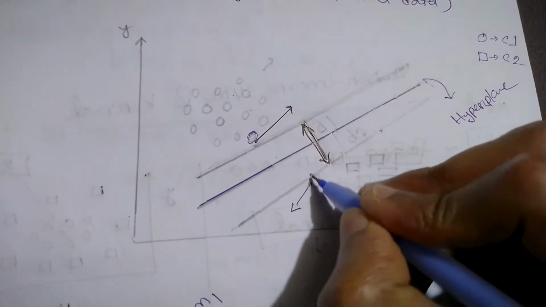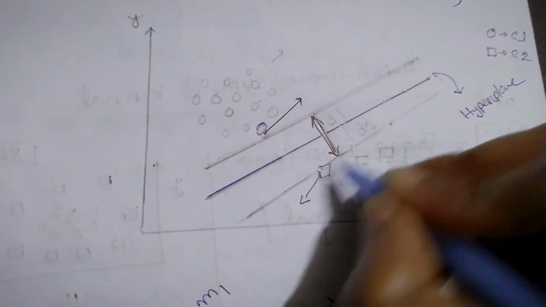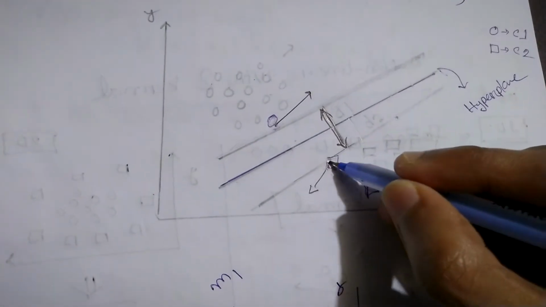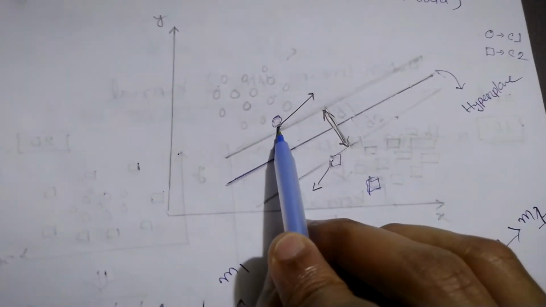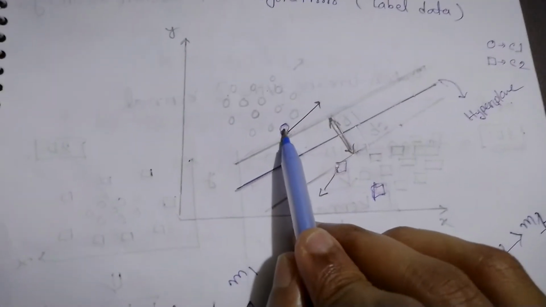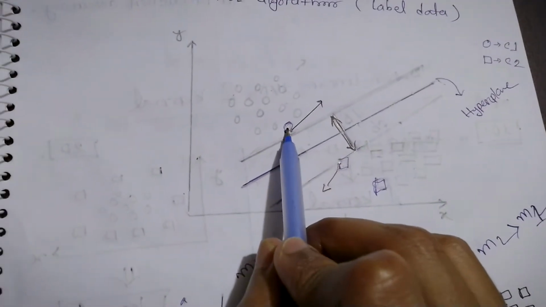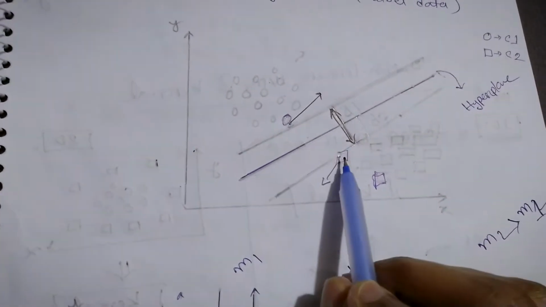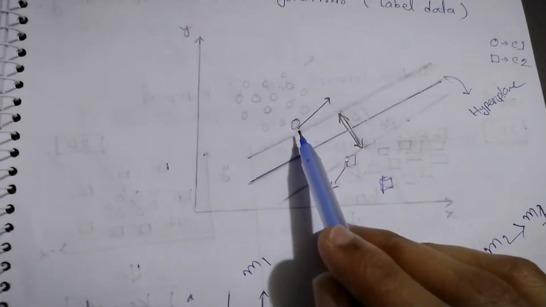This rectangle is also very close to this line, so draw a line here. This data point is the closest to class 1, and this is based on class 2. And this class 1 circle point is very close to this point, so draw a line here.